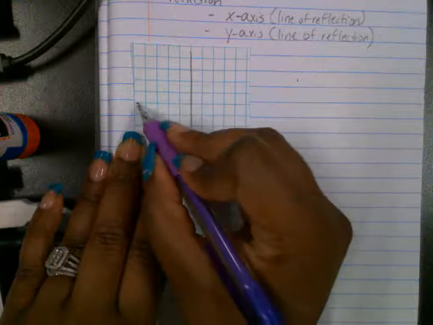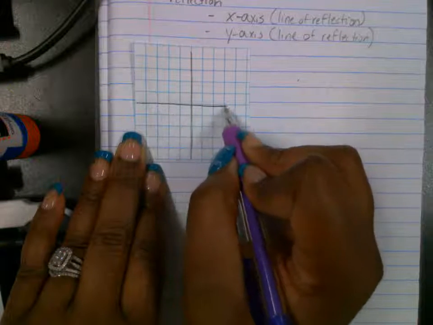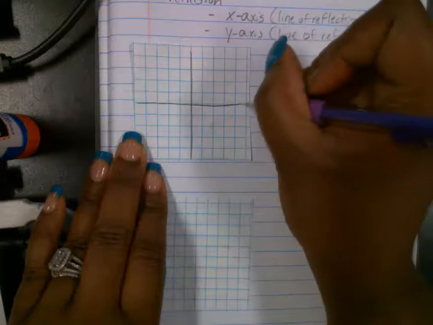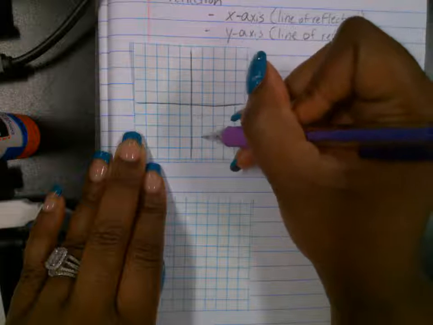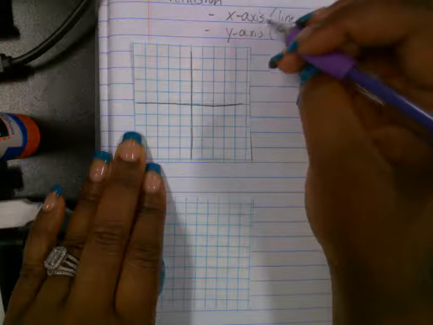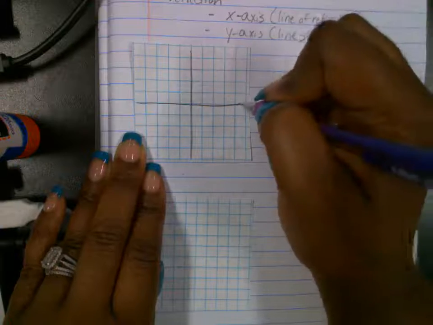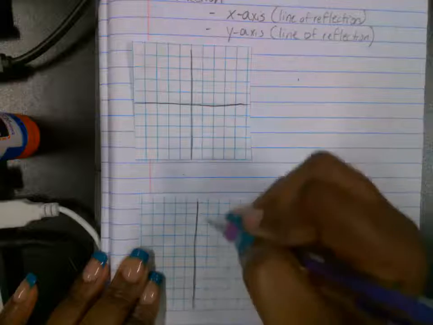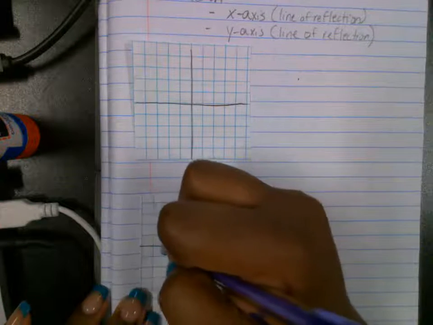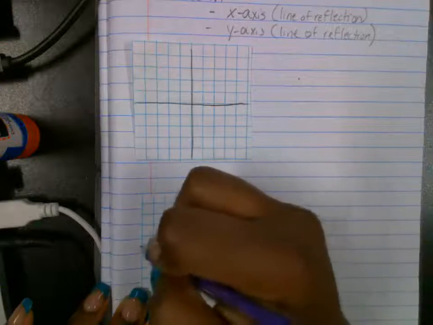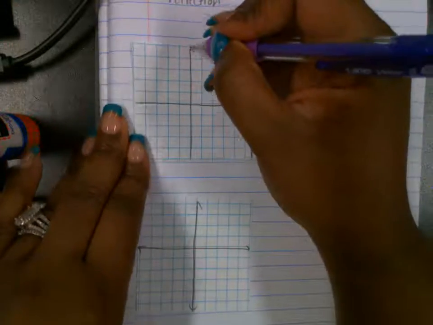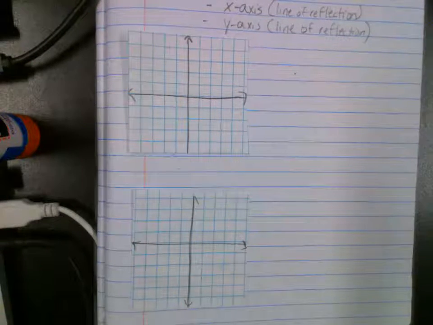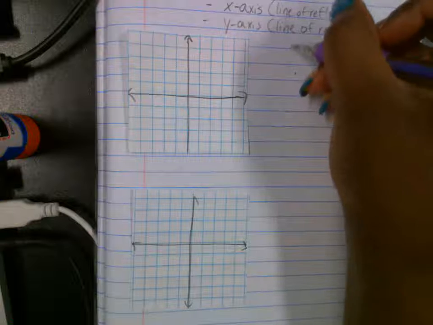Trace the center line. We're going to do 2 types of reflection.